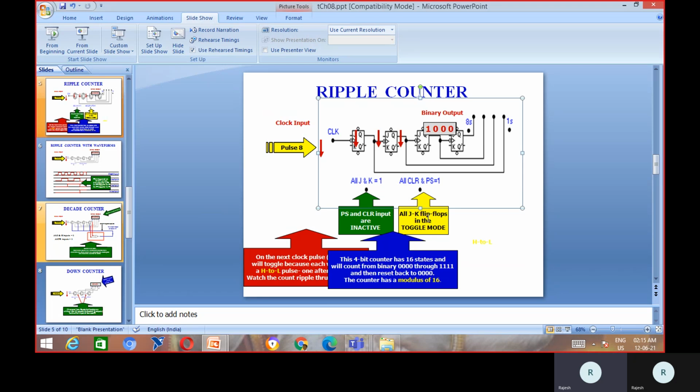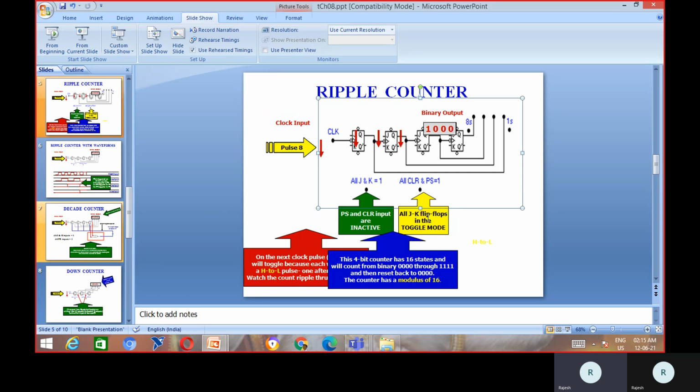As bubbles are connected, this 1 becomes 0. So they are inactive, and all JK flip-flops are in toggle mode. So how do you make it act in toggle mode? When both the inputs are 1, your output is the complement of its present value. Q becomes Q bar. When both inputs are 1 for a JK flip-flop, Q becomes Q bar.